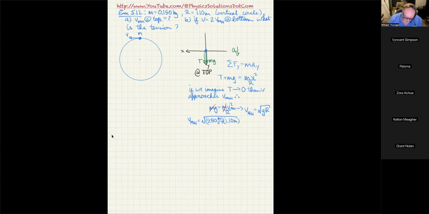Now I'm going to take the square root of that, raise it to the 0.5 power, and that gives me 3.283 meters per second. So v min is equal to 3.283 meters per second, and that's our answer to part A.